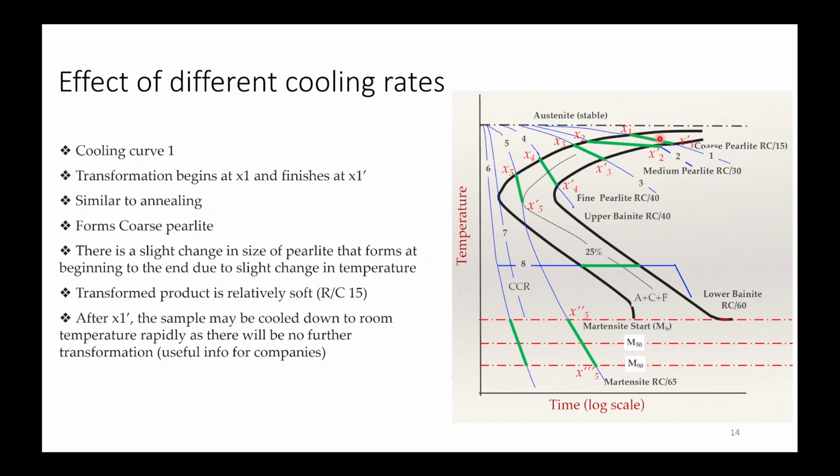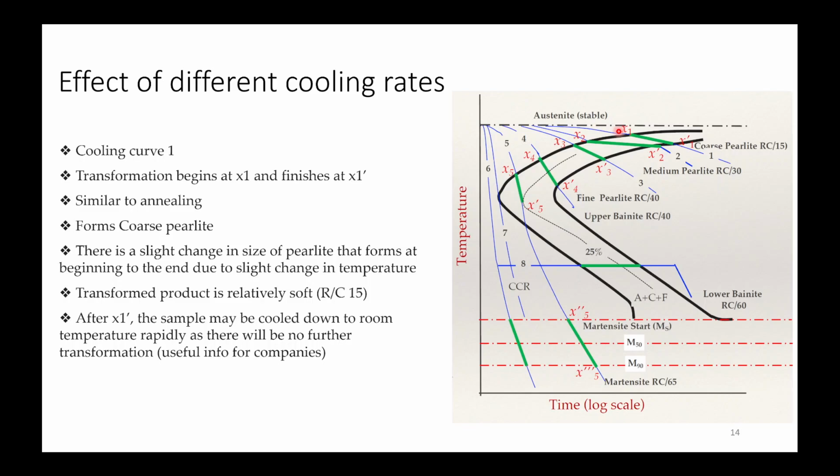So in this case, you're cooling your steel very slowly. So this type of cooling curve is similar to annealing. So in annealing, you know that there will be coarse pearlite forming and it will have very low hardness. So your transformation will begin at x1. Before that, it is not encountering the transformation line, so there will be metastable austenite.